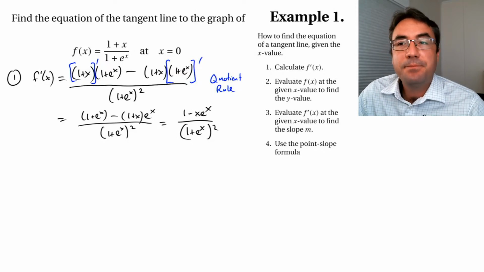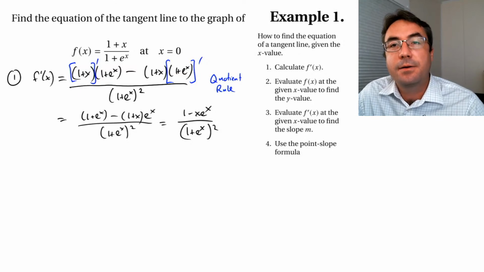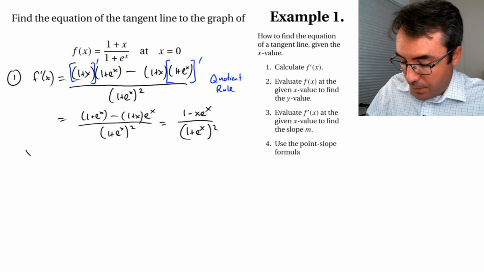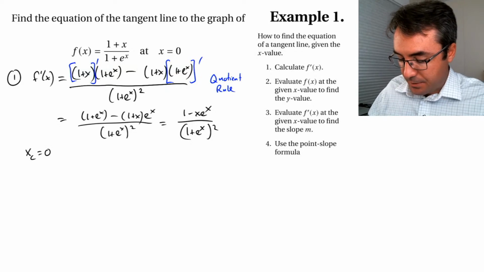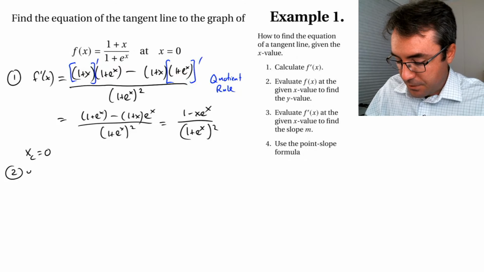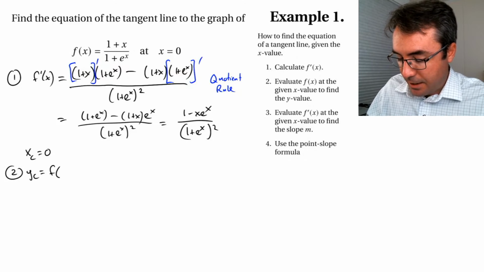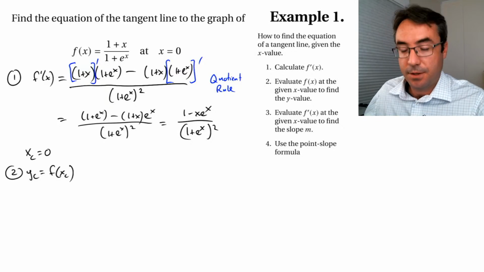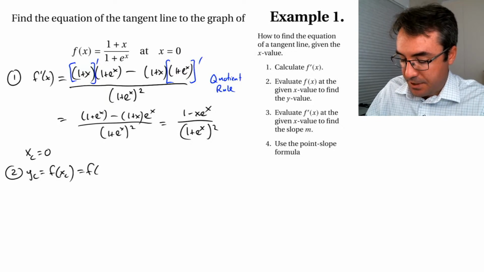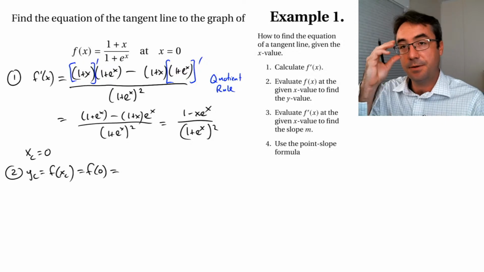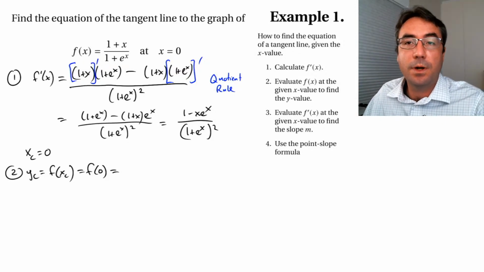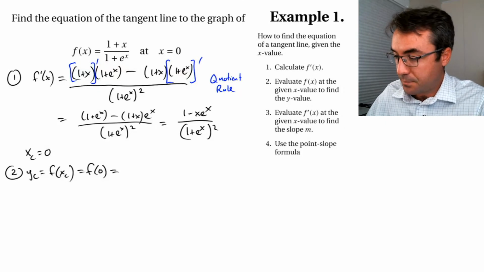Now the next step is we want to find our y-coordinate and ultimately our slope. So we know our x-coordinate is 0 here. To find our y-coordinate, we take our x-coordinate and plug it into the original function. So we're going to plug 0 into the original function, and the original function was 1 plus x over 1 plus e to the x.